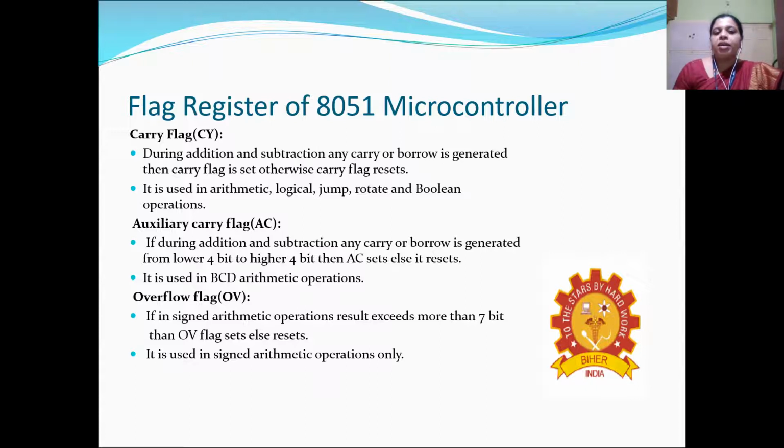D0, D1, D2, D3 is considered the lower nibble, and D4, D5, D6, D7 is considered the upper nibble. When there is a carry from the lower nibble to the upper nibble, then this auxiliary carry flag will be set, otherwise it will be reset.